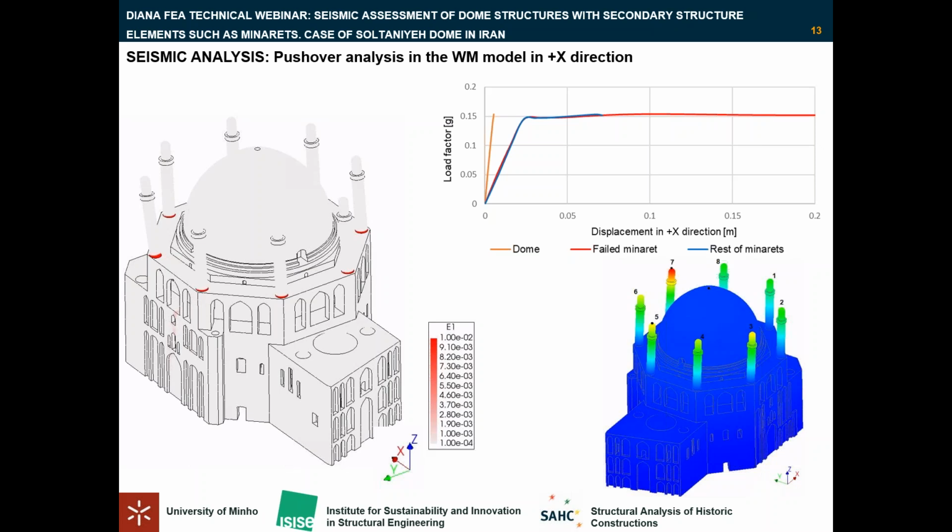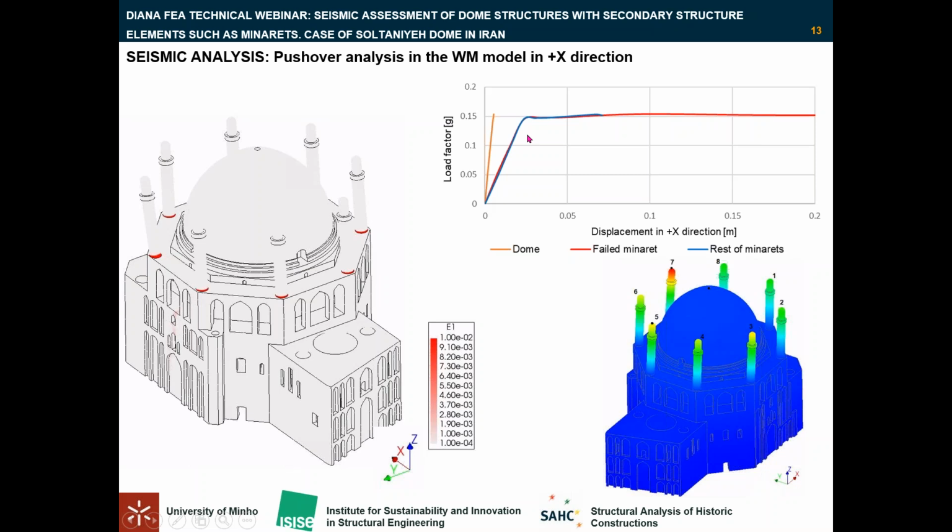As you can see in this graph, the capacity curve of the structure is shown, which illustrates the maximum load capacity of the structure reaches 0.15 G. At this load level, the dome has a minor displacement of 5 millimeters.